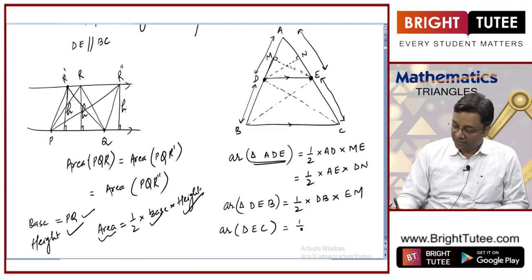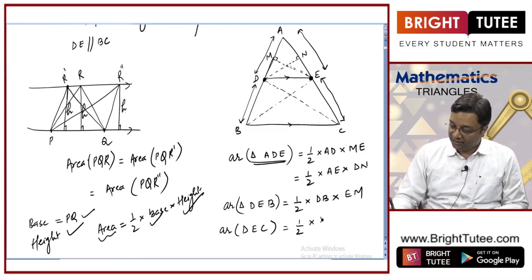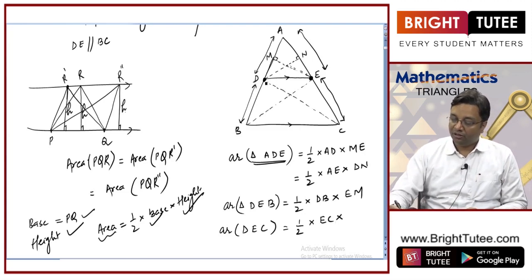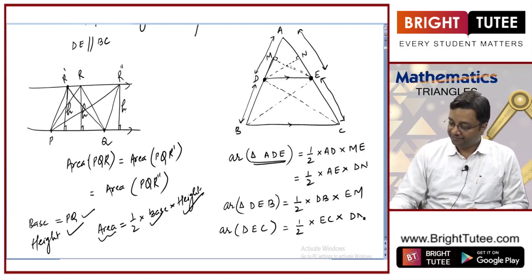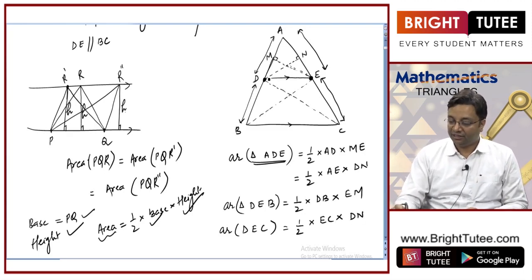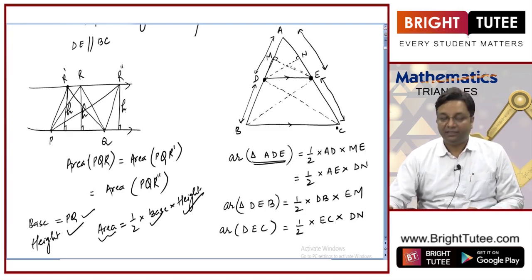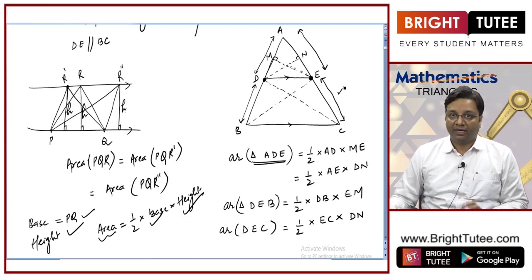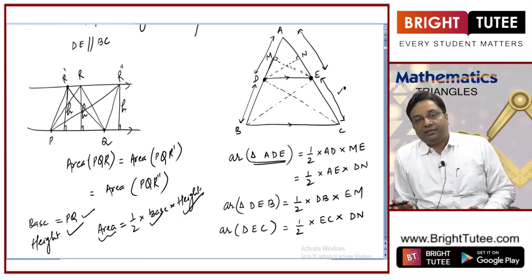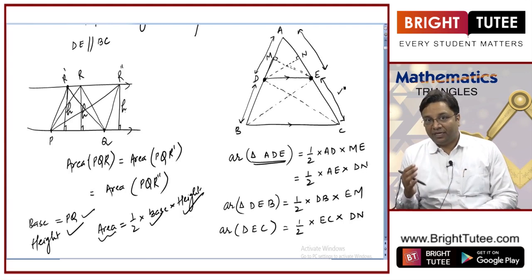So, the area of triangle DEC is half into base EC into the altitude DN. DN works as the altitude for the triangle DEC when we are taking EC as the base. I hope you have understood, and I hope you have understood the concept by now.